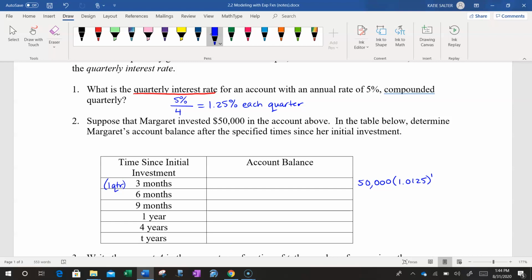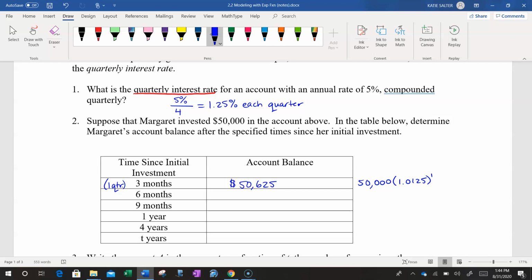And remember from our lesson yesterday, where we would get that 0.0125 is where we change that quarterly rate over to a decimal, and then we do 1 plus the rate. And if you put that in your calculator, we would get that that's approximately $50,625. Actually, I think it comes out to be exactly that.